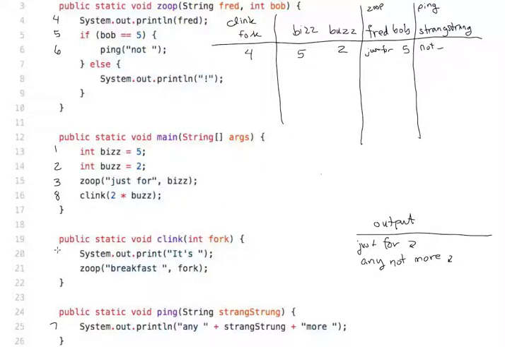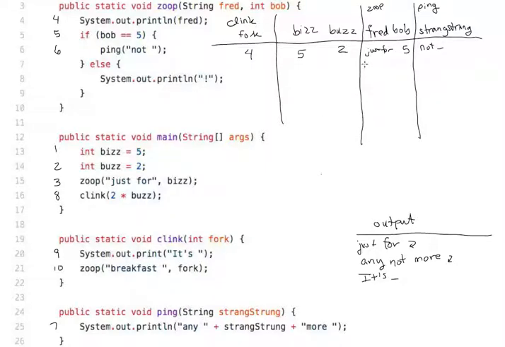For step 9, I print out its, or I print with a space, and then step 10, I'll just remind myself that there's a space here. And then for step 10, I call Zoop, aha, for the second time with the words breakfast and fork.